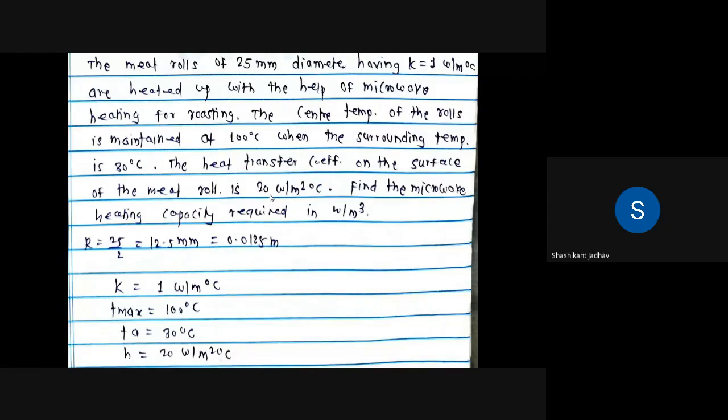The heat transfer coefficient on the surface of the meat roll is 20 watt per meter square degree Celsius.